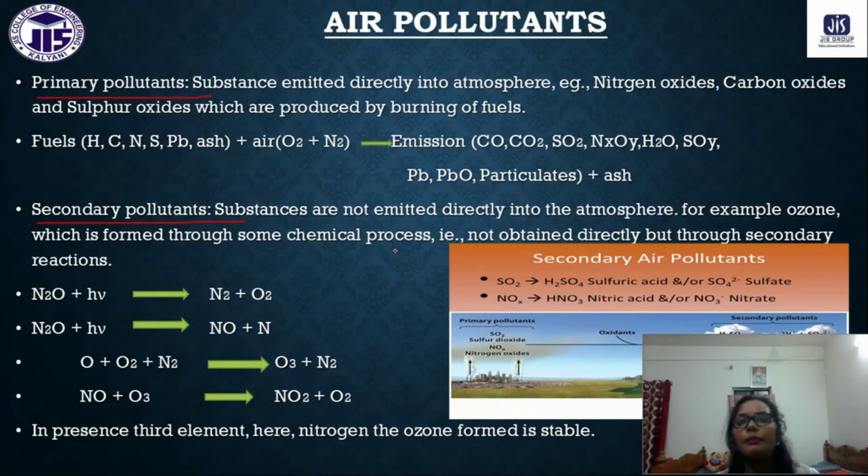In our environment, we have carbon dioxide, sulfur dioxide, nitrogen dioxide, but in a limited amount, which is important for us. But regularly, day by day, gradually, their amount is increasing in the air, and which is creating the pollution.